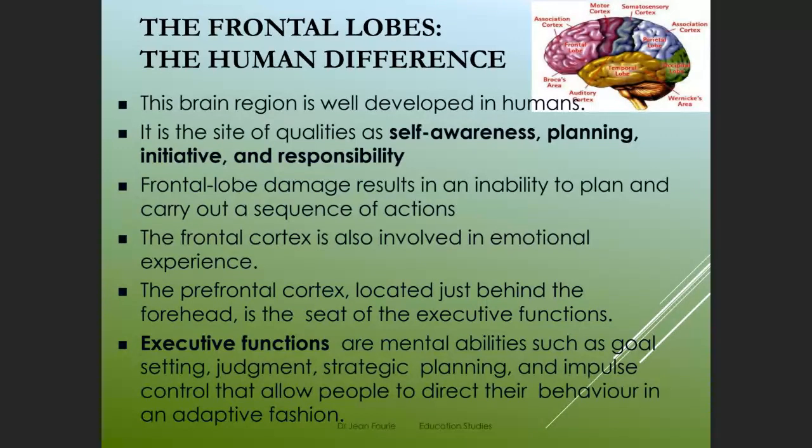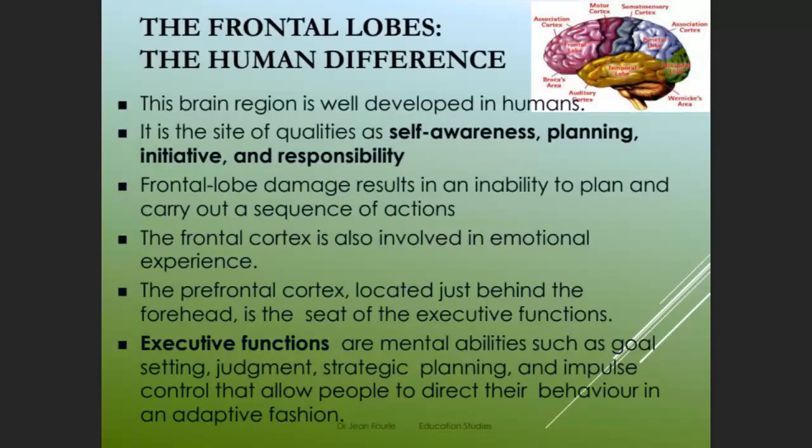And all of this is happening from this well-developed frontal lobe. We know that if there is brain damage to this area, it results in an inability to plan, to carry out sequential actions.